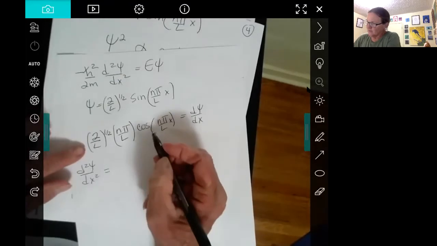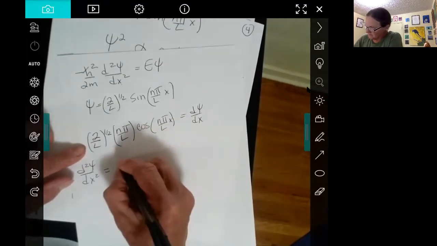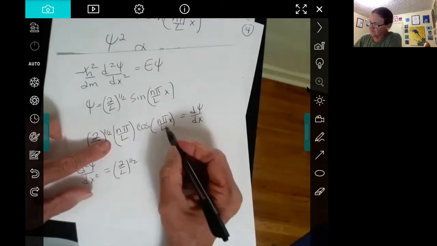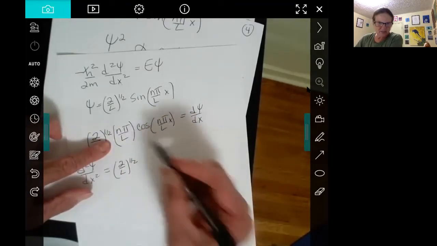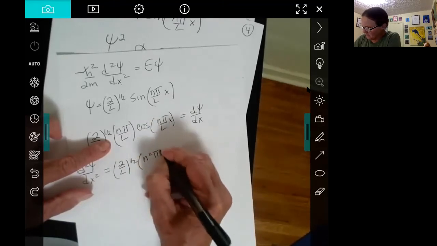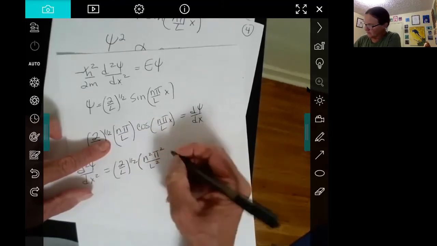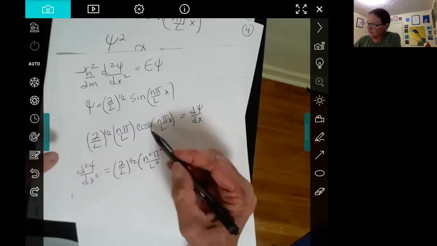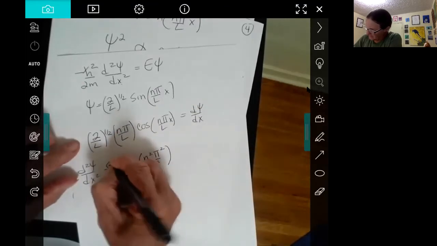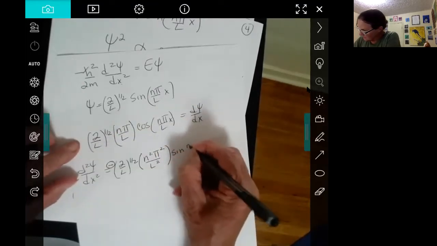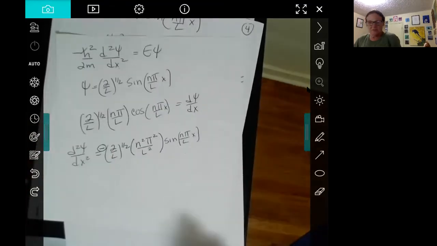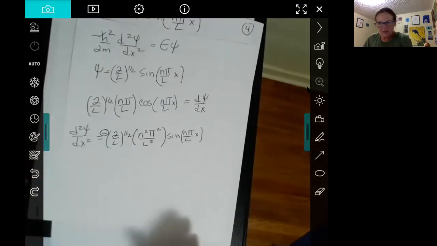If I take the derivative of this, I get 2 over L to the 1/2. I get all of this stuff squared because I have to take the derivative of the angle again. And you could have Mathematica do this. I just feel like for a lot of derivatives, it's easier to do it yourself. And then the derivative of cosine is minus sine. So I'll put that there. And that's what we get for the second derivative.